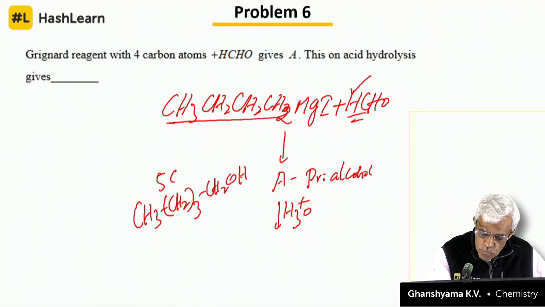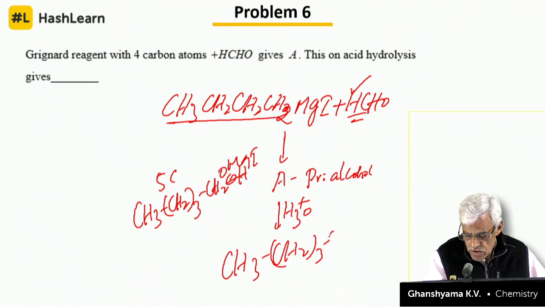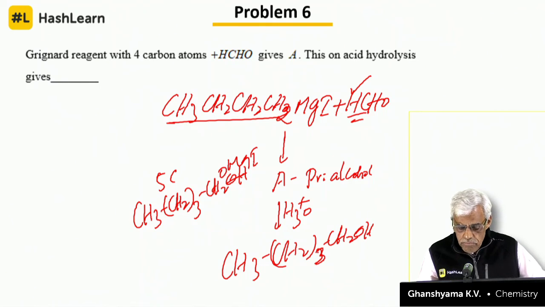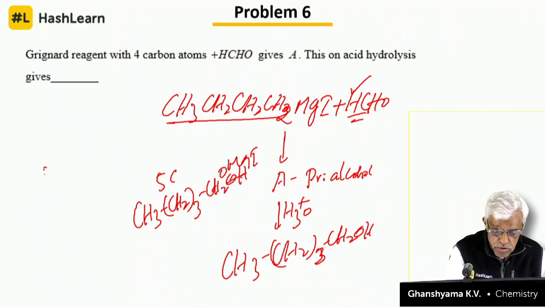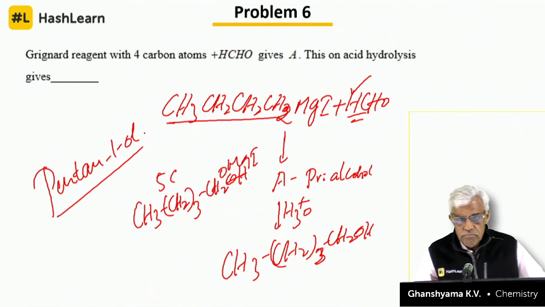First you get CH2OMgI. This on hydrolysis will give the final product, CH3 CH2 thrice CH2OH, pentan-1-ol.